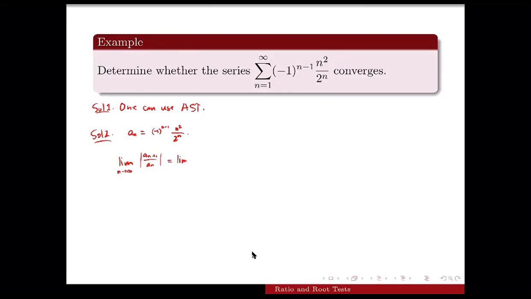So we have the limit as n approaches plus infinity of n plus 1 quantity squared over 2 to the n plus 1, times the reciprocal of a sub n, which is 2 to the n over n squared.